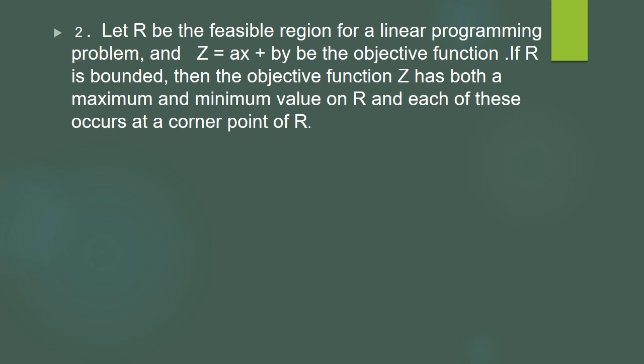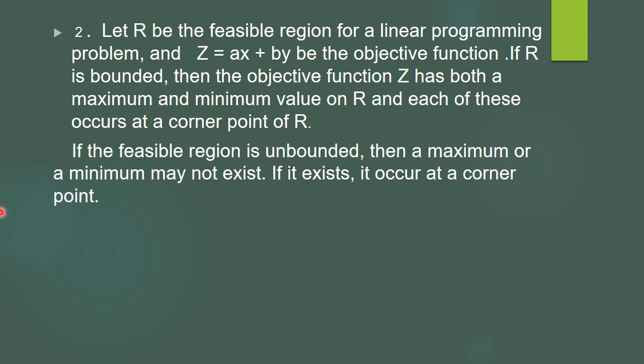Let R be the feasible region of a linear programming problem and Z = ax + by be the objective function. If R is bounded, then the objective function Z has both a maximum and a minimum value within the region R, and each of these occurs at a corner point of R. So if it is bounded, we get both values, maximum and minimum, and both occur at corner points of R. Whenever we get the feasible region, we then try to find the corner points.